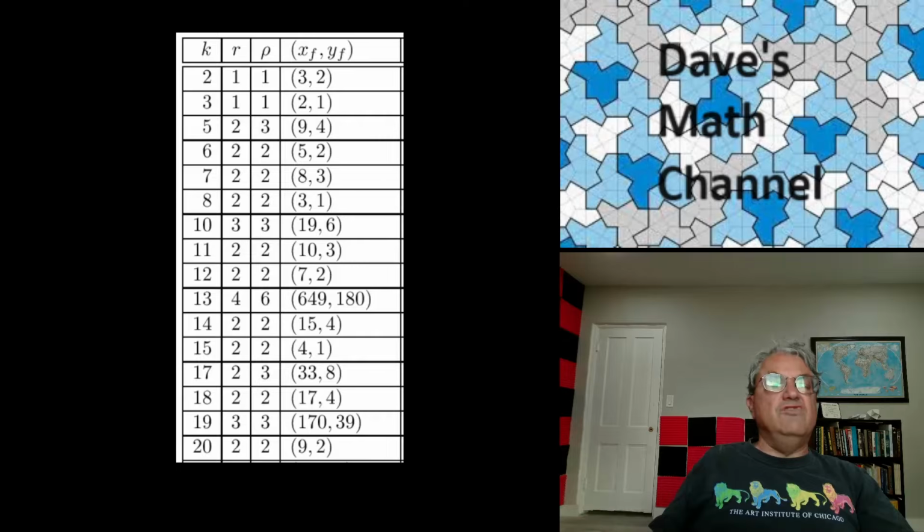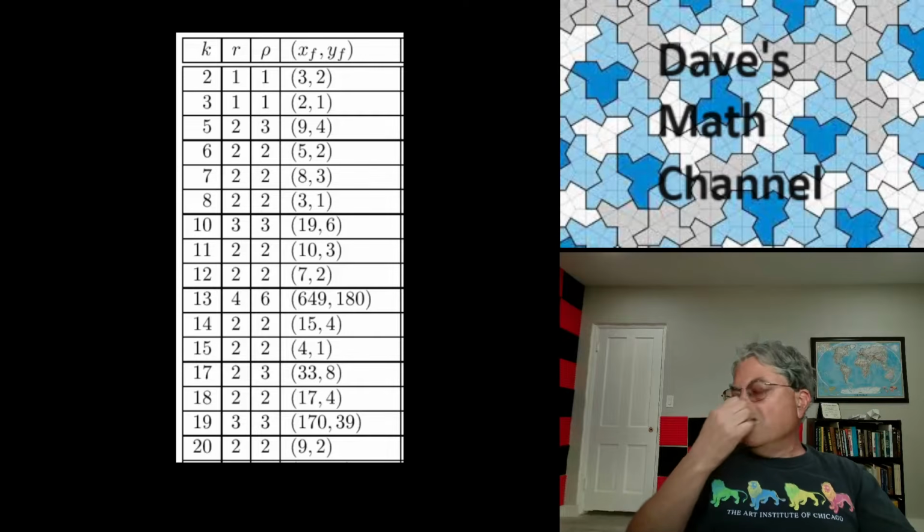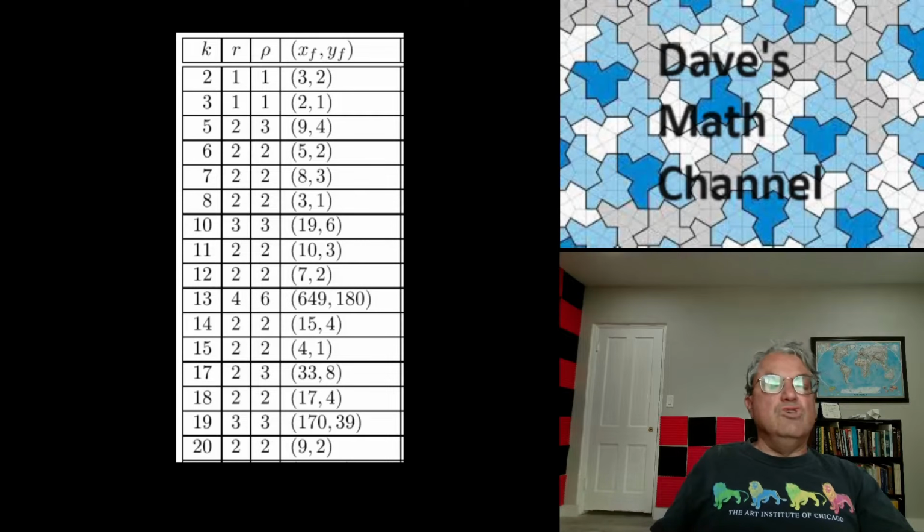It turns out the way you get the fundamental solutions involves something else called continued fractions. You have to solve for the continued fraction of the square root of k. And I guess the reason why 13 has such a big fundamental solution is because the continued fraction of square root of 13 has a lot of terms to it, more than most of these other numbers.